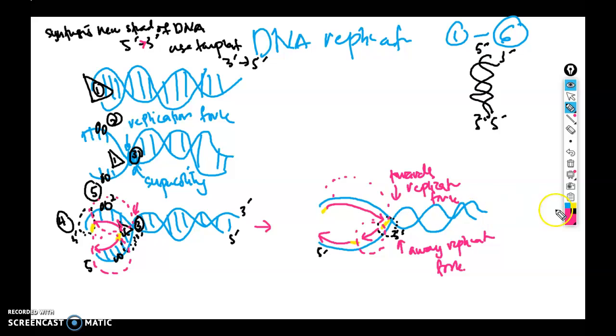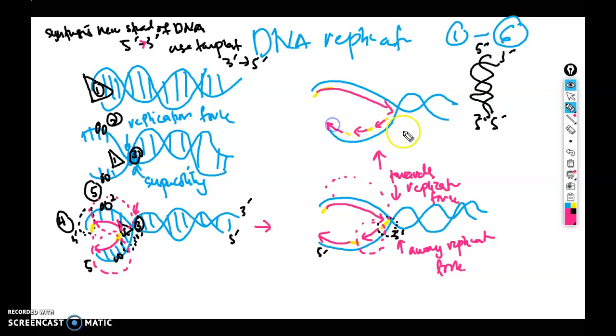If we continue, for example like this, this will continuously elongate towards the replication fork, while the other one will form discontinuous strands that go away from the replication fork.